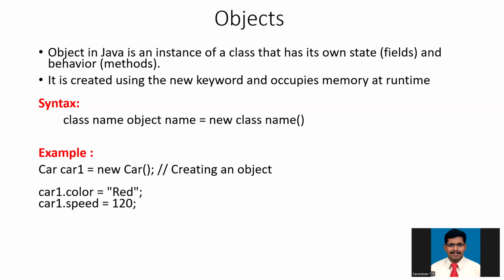Here, Car is the class name, car1 is the object name, and memory is allocated for car.